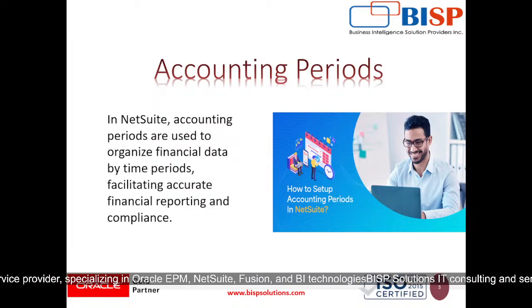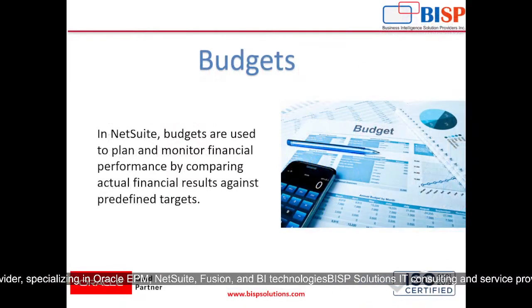Then we will be coming next to our budgets. Budgets are used to plan and monitor financial performance by comparing actual financial results against predefined targets. Budgets can be set for various time periods like monthly, yearly, quarterly, and across different dimensions such as departments, classes, locations, and accounts.